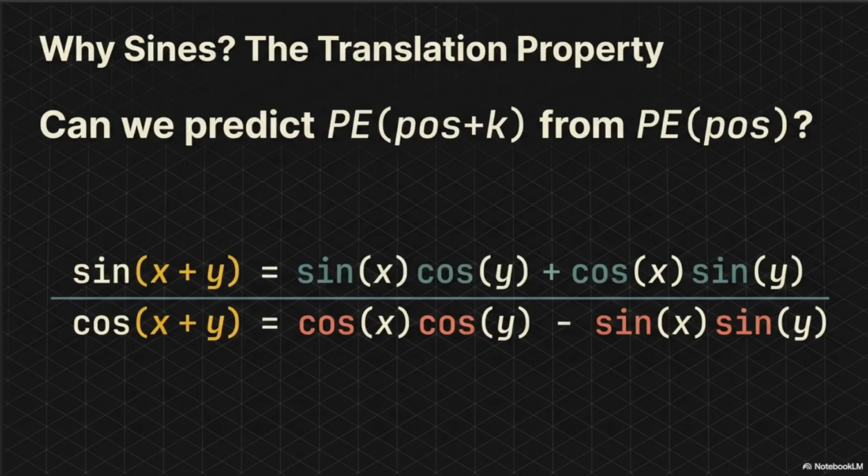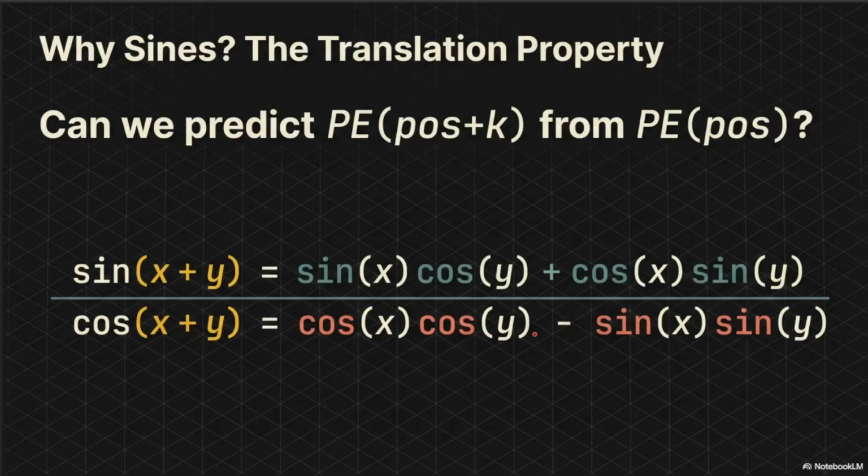Okay, so now for the elegant part. Why did the authors of the paper choose sine and cosine functions? Why don't we just use random numbers? It's because of the trigonometric addition formulas. We know from high school that sine of x plus y can be simply expressed using sine and cosine.